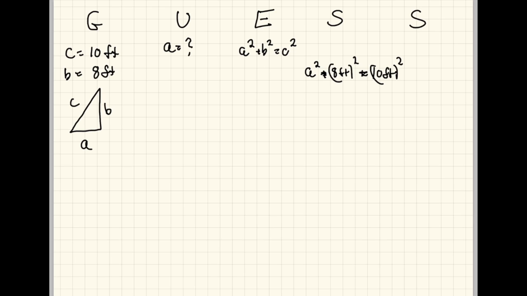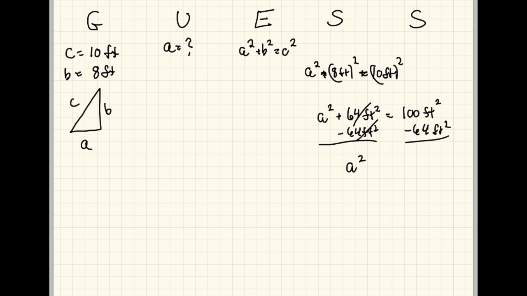And finally, we're going to solve. Carefully square the number and its units. So we have a squared plus 64 feet squared equals 100 feet squared. We'll move the 64 feet squared to the other side.